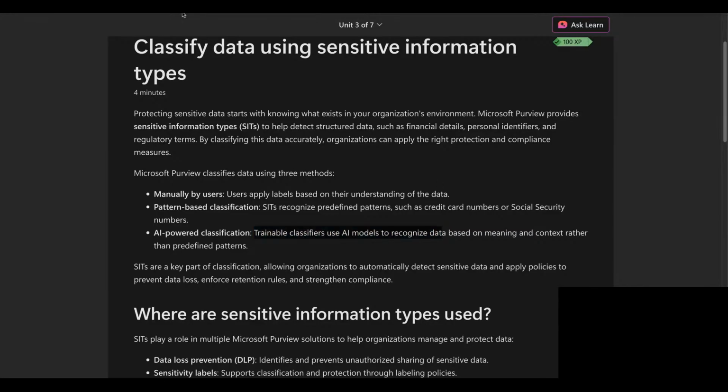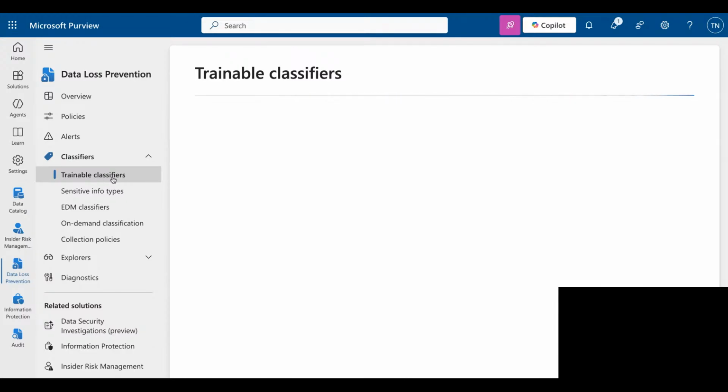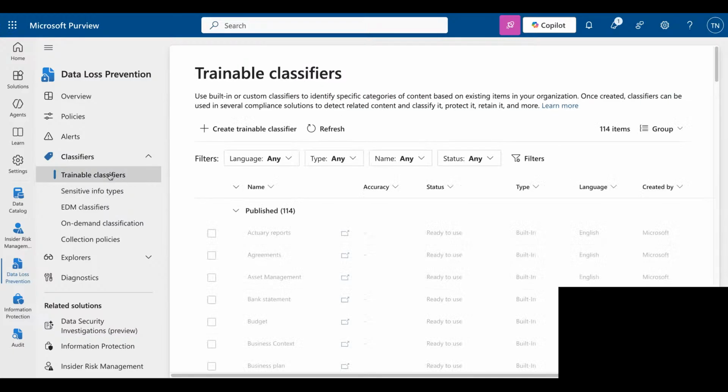So let's go back to that Microsoft platform. So this one uses predefined patterns, but this one here, it uses AI, meaning that if I'm using this trainable classifiers instead of sensitive info type, it tries to read and understand the context of the data that I am sharing.